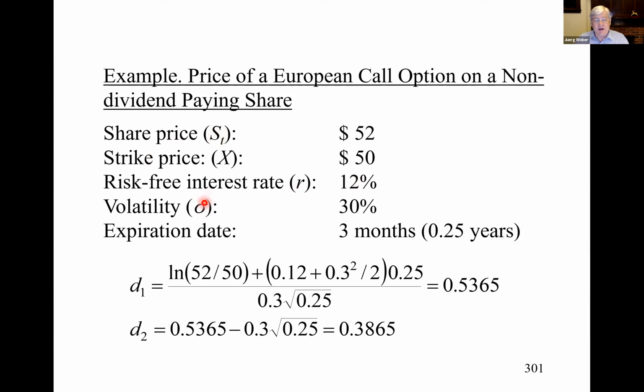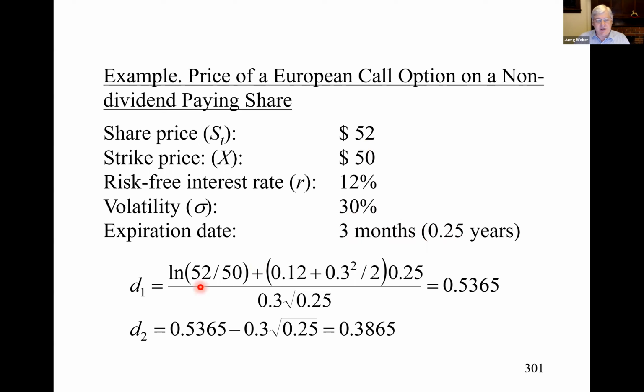This standard deviation is just the volatility of the underlying share. Let's assume that's 30%. And let's assume the option has an expiration date of 3 months. Options are usually quite short term, up to maybe 1 year. It would be difficult to find options with expiration dates that exceed 1 year. So 3 months is quite usual, 6 months, maybe 9 months, maybe up to 1 year.